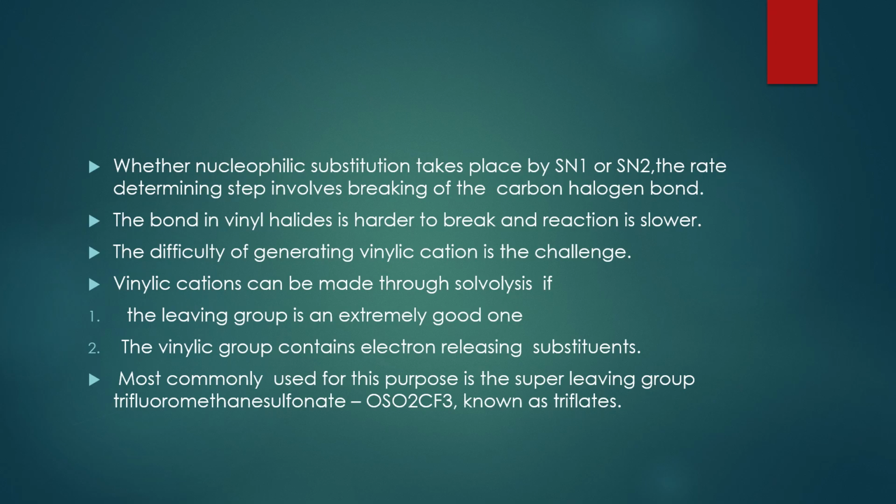So if you want a vinyl substrate to undergo nucleophilic substitution, two criteria must be met. First, there should be an extremely good leaving group, and second, the vinyl group should contain electron releasing substituents.